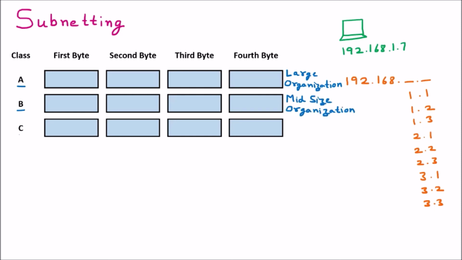Then we have 2 more classes: class D, which is for multicasting, and class E, which is for reserved purposes. Reserved means it can be used later on.